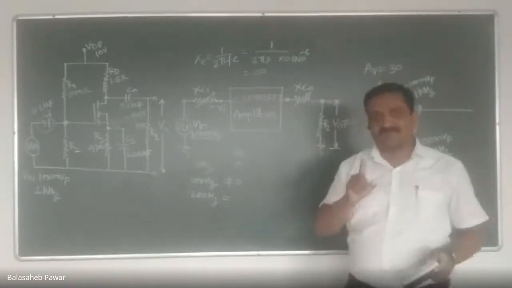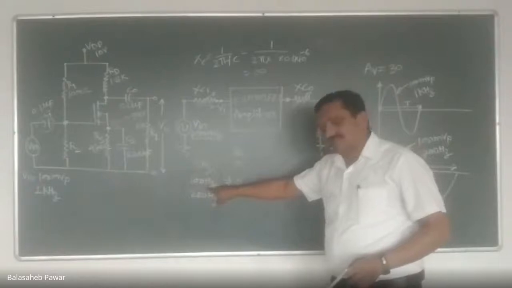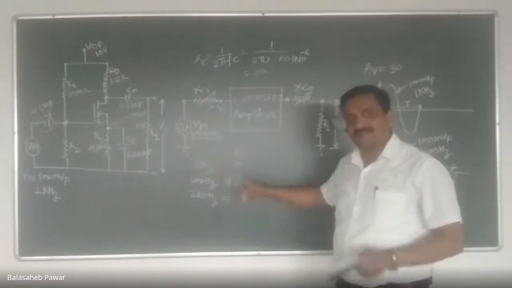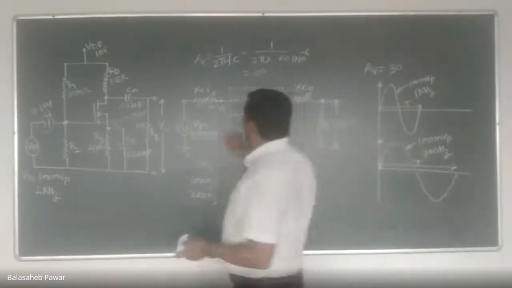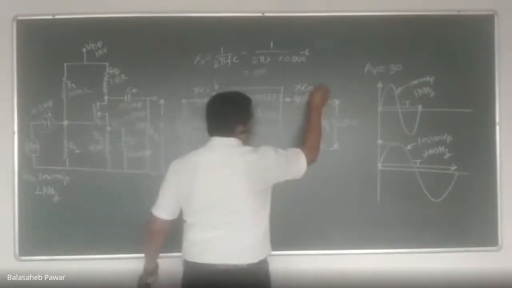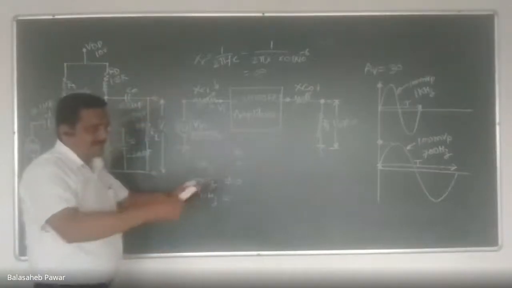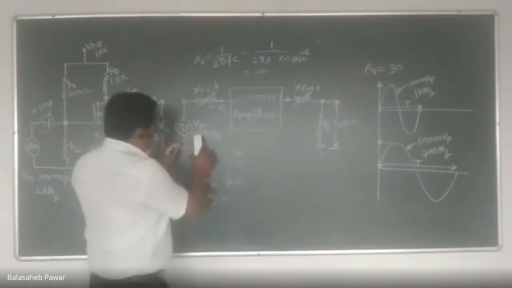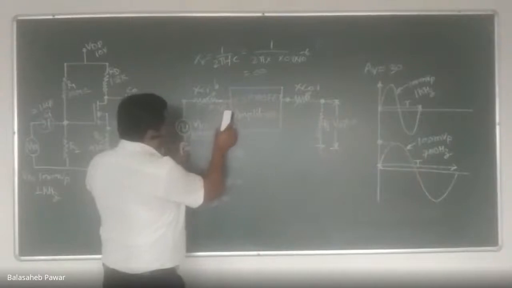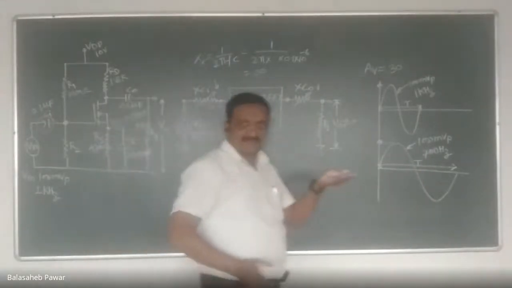Will it be 0? No, because at 100 hertz, it is non-zero. And we are increasing the frequency, so the reactance offered by this capacitor will get reduced, as well as the output coupling capacitor. Are you agree with this? Both reactances will get reduced. And hence, the actual applied input to the amplifier, that is VI, will increase slightly.